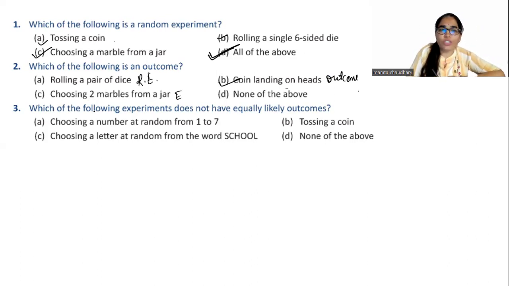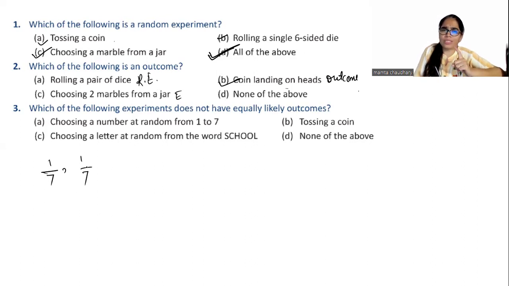Now next, which of the following experiments does not have equally likely outcomes? Choosing a number at random from 1 to 7. Total numbers are 7. If I'm choosing 2, how many times is 2 coming?